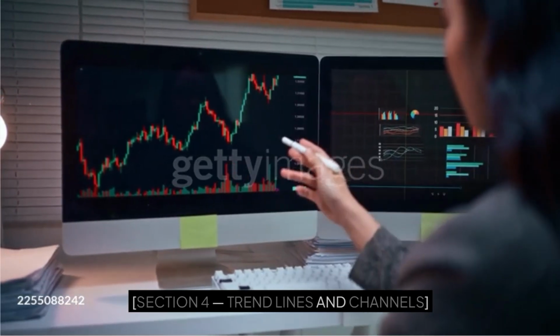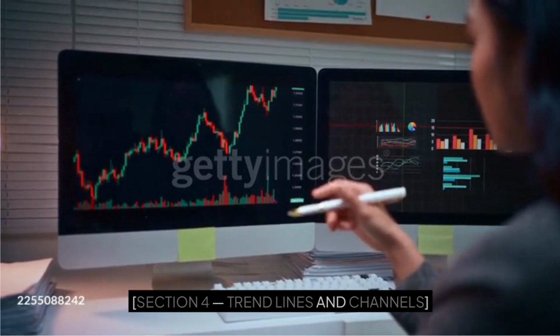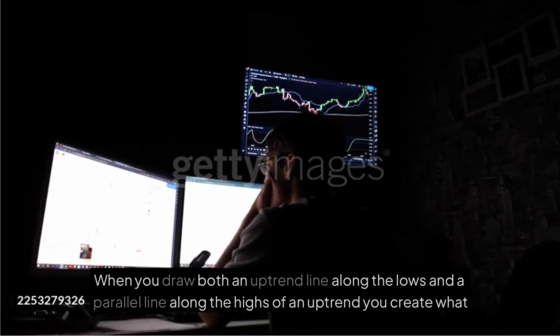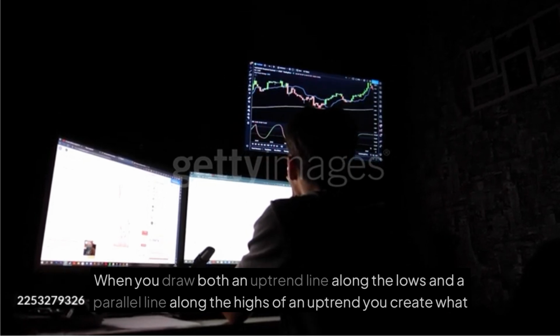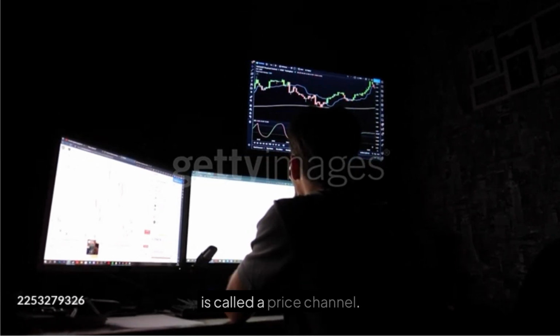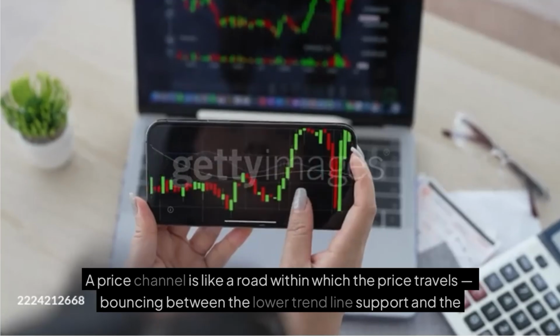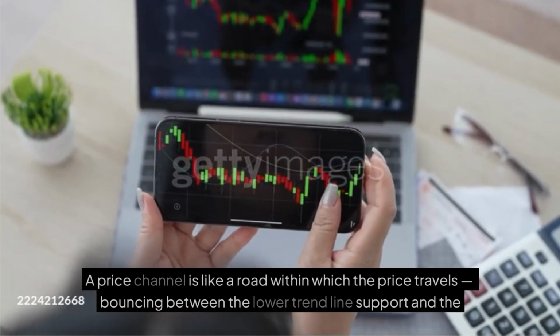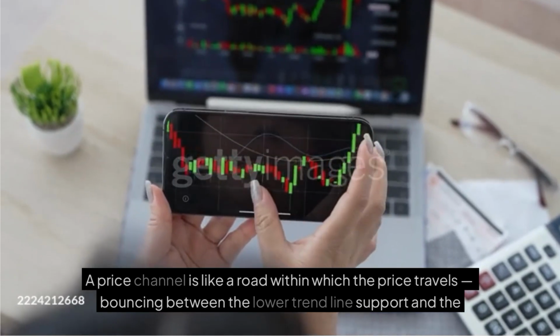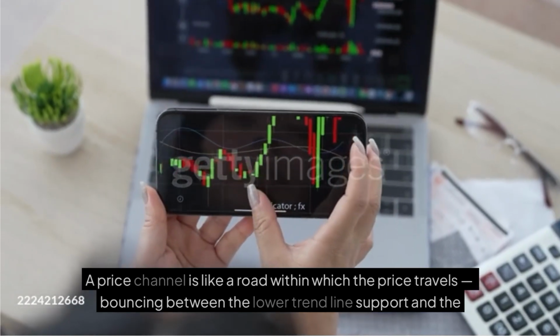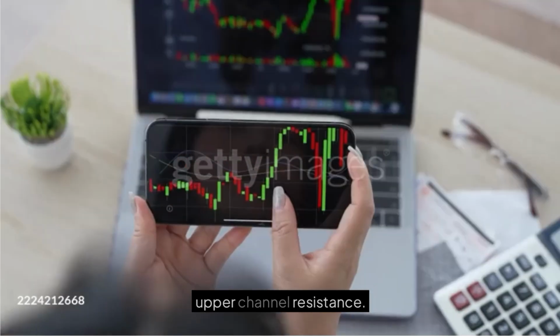Section 4. Trend lines and channels. When you draw both an uptrend line along the lows and a parallel line along the highs of an uptrend, you create what is called a price channel. A price channel is like a road within which the price travels, bouncing between the lower trend line support and the upper channel resistance.